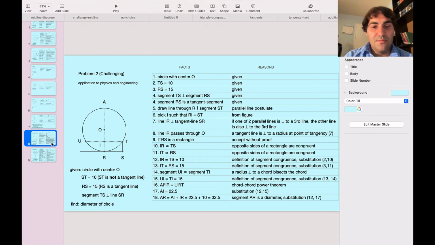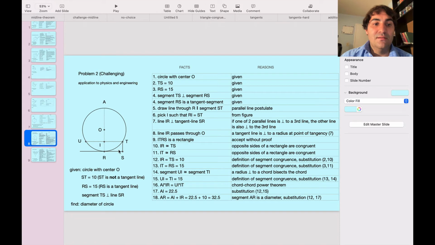So the next problem's challenging. There's actually a direct application to physics or engineering. So this is a geometry problem, but you can think of it as representing a physics problem. Think of a wheel that's up against a curb, right?